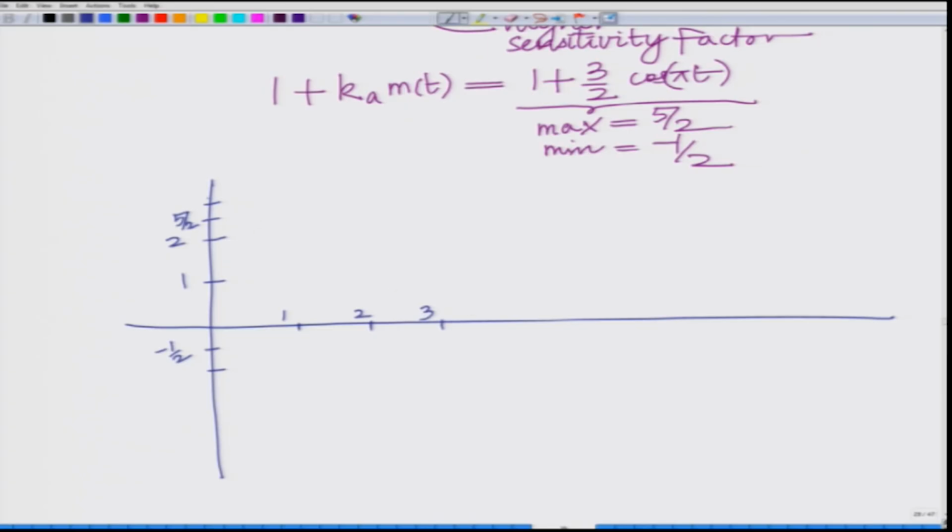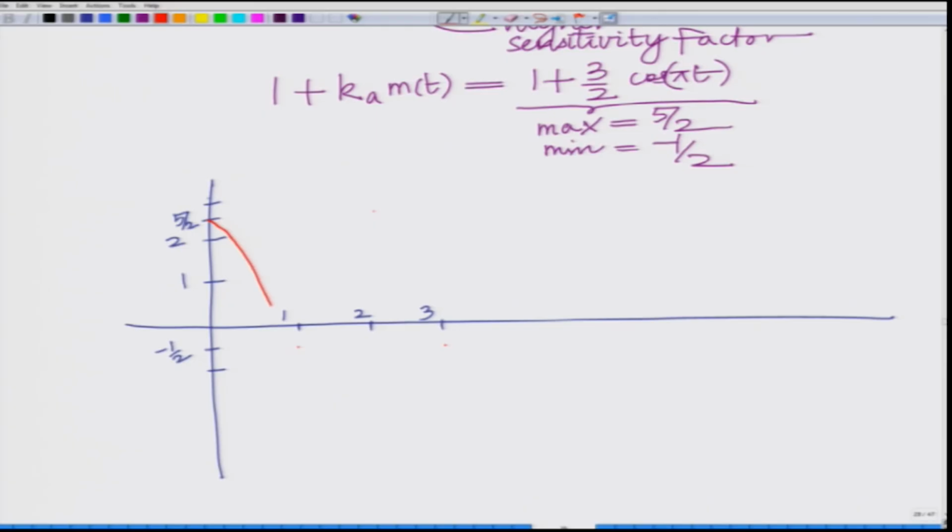At time t equal to 0, this is equal to 5 by 2, at time t equal to 1, this is equal to minus half, correct. At t equal to 1 this is cosine pi. So, 1 minus 3 by 2 is minus half. At time t equal to 2 again this will be 5 by 2, and at time t equal to 3 this will be minus half.